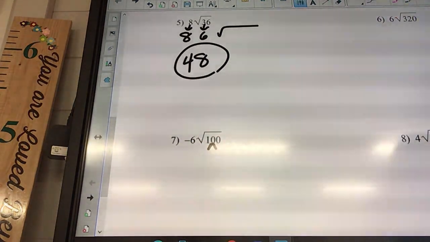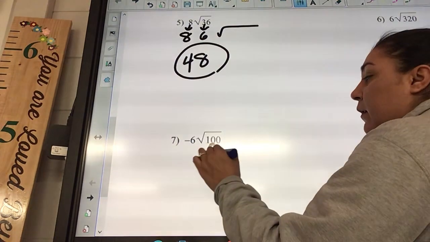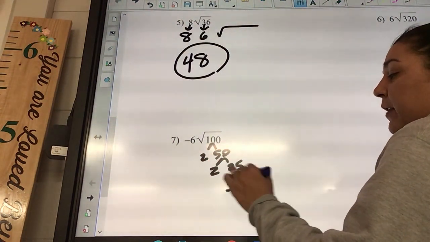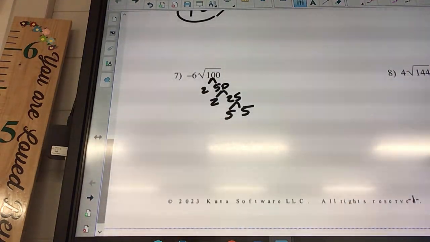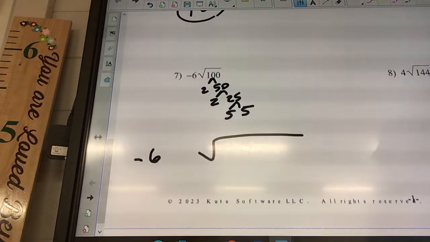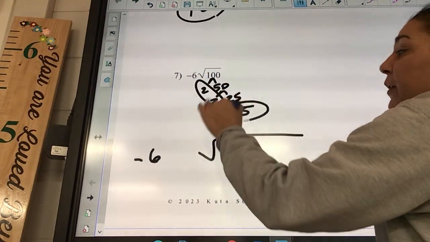Okay, 100. 2 and 50. 2 and 25. 5 and 5. Who can go? Everyone. A group of 2s and a group of 5s.